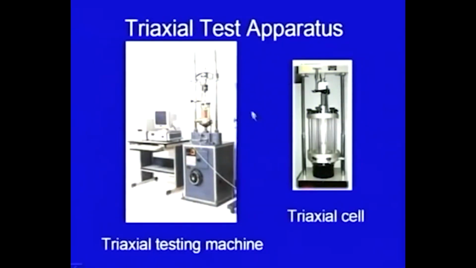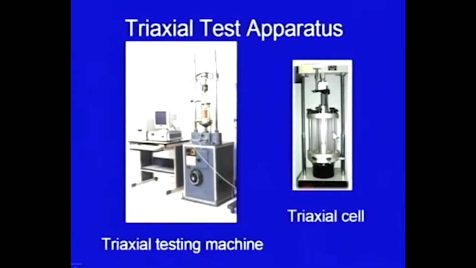Here are some pictures of the triaxial test apparatus. This is the triaxial testing machine. It has a loading frame, and the most important part is the triaxial cell shown here. In this cell, the specimen will be placed, and using water, all-round pressure sigma 3 will be applied, and then the load will be applied.